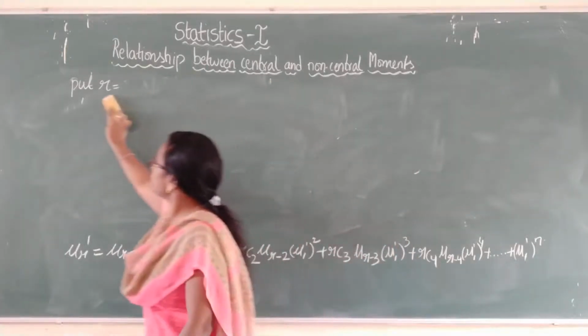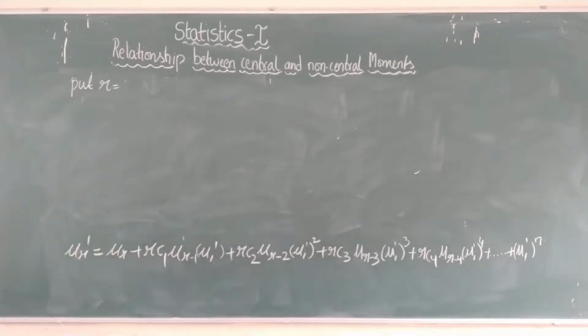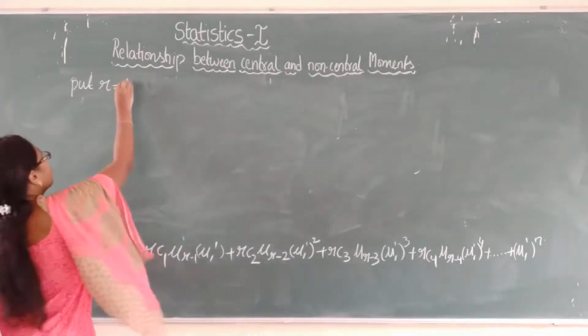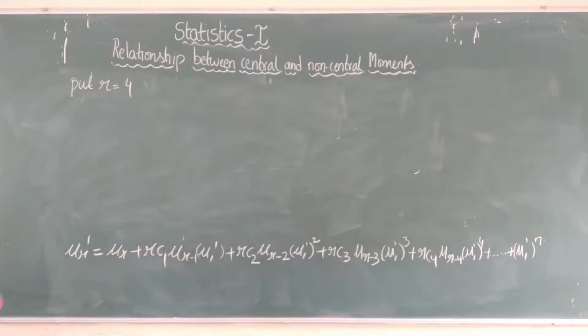Now substitute r equals to 4. So r equals to 4, we are going to get the mu4 dash value.